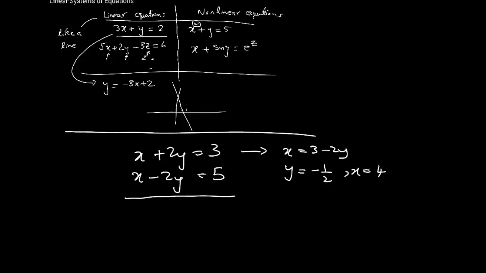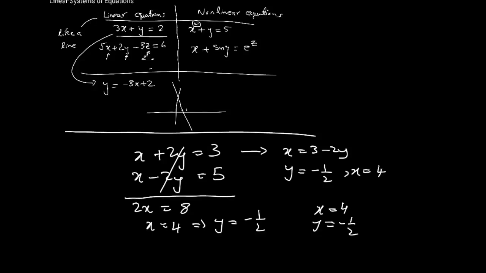The other, much more popular way is to just add the two equations. So this is going to be 2x equals 8, x equals 4, which implies y, substituted back into any one of the equations, is equal to minus a half. So you end up with a solution that x is equal to 4 and y is equal to minus half. This is a well understood idea of solving simultaneous equations.